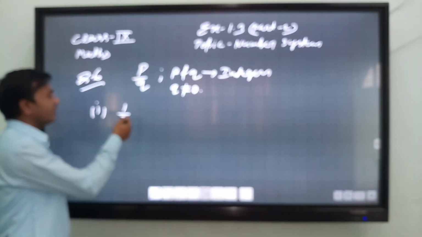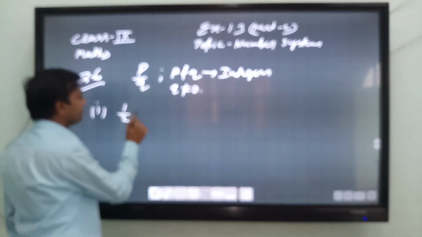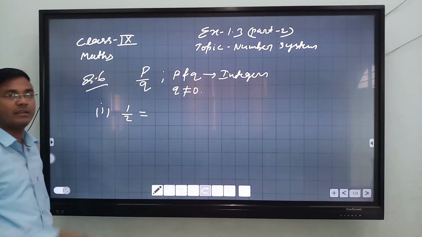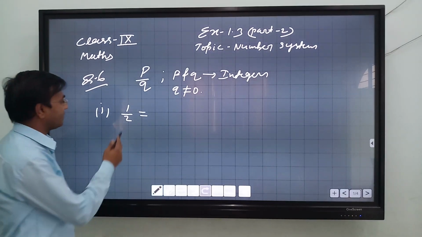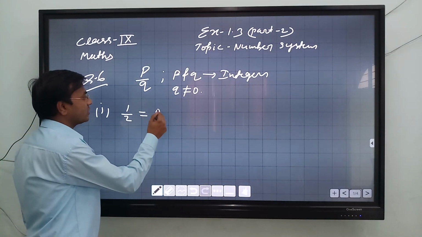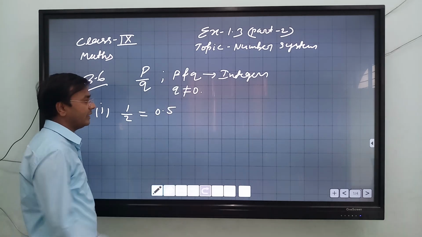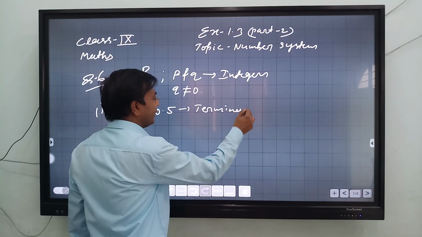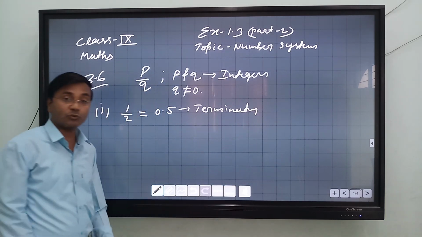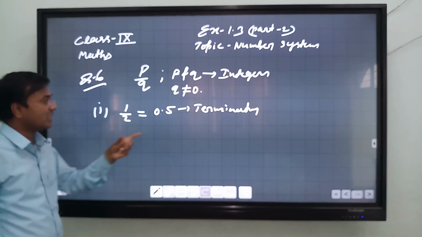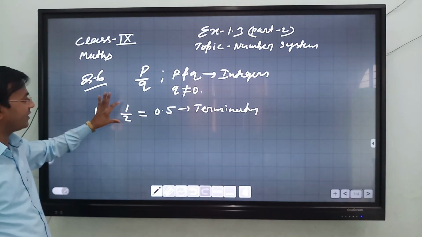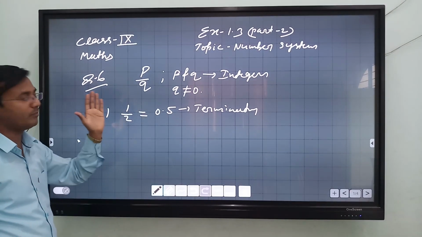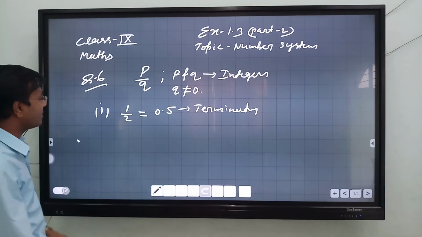This is a very simple fraction which cannot be divided by other numbers except 1 and 2. So 1 by 2 is 0.5. This is terminating. As the question says, we have to give several examples of terminating decimal type, and the fraction should be in simplest form.